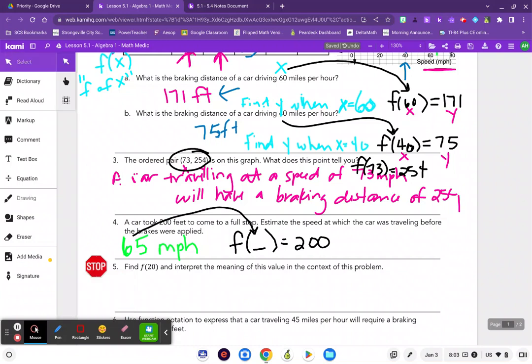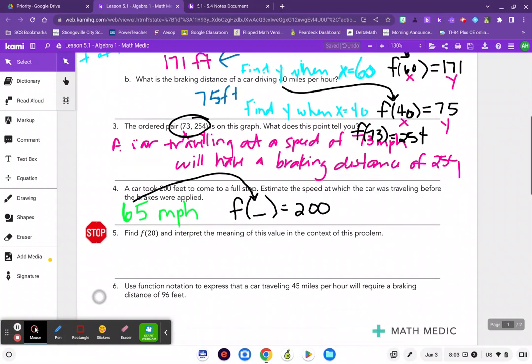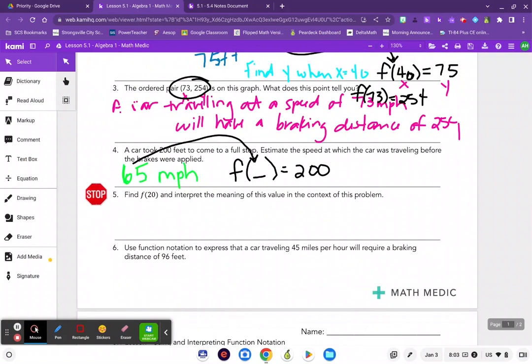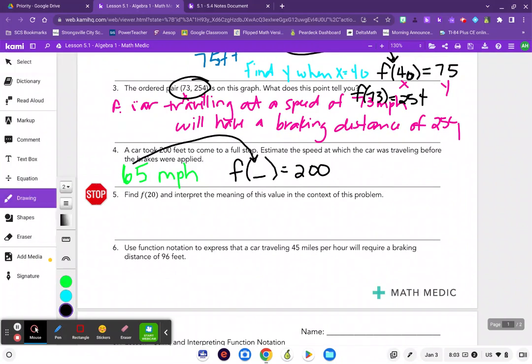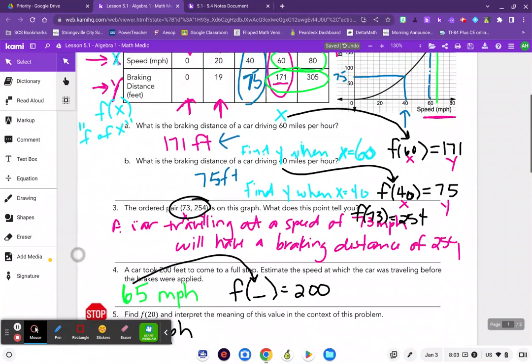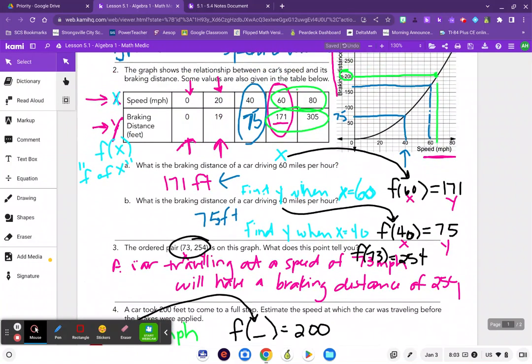All right, so then after that, we gave ourselves a chance to talk about the interpretation of what f of 20 is and using function notation to rewrite the sentence in number 6. So f of 20 means that if your car is traveling 20 miles per hour, then I have to go figure out what that stopping distance is. All right, so I actually can go to the table to do that.